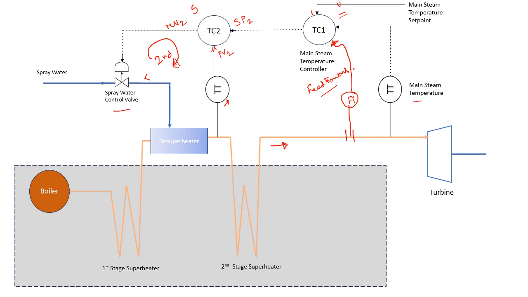So it is like a forward looking controller. It is anticipating change in the temperature, and based on that anticipation, it is changing its output so that it can take action beforehand. So this kind of control is often employed.